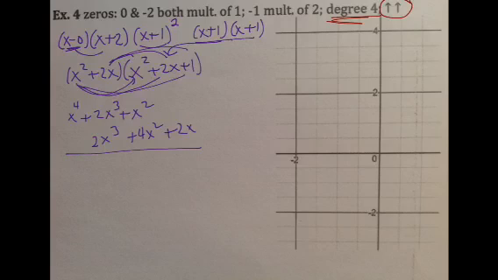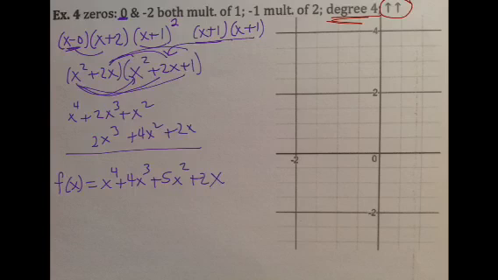So combine like terms, and I can now call it f of x is x to the 4th plus 4x cubed plus 5x squared plus 2x. Okay, and I already knew this because at the beginning they told you that 0 is one of the zeros, so I know that the y-intercept is going to be 0, 0, 0.